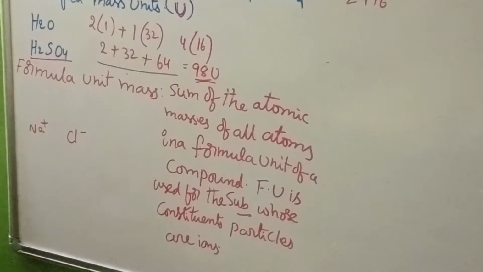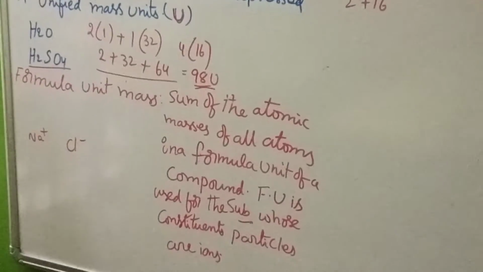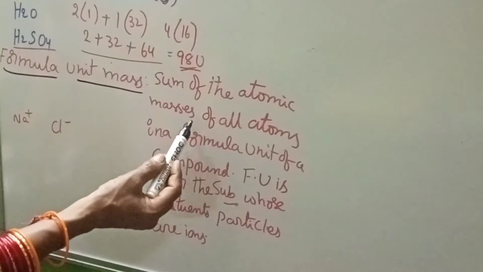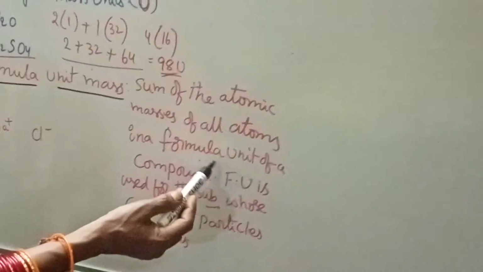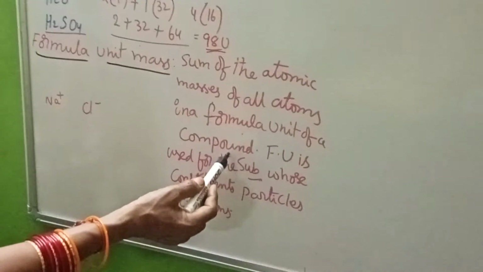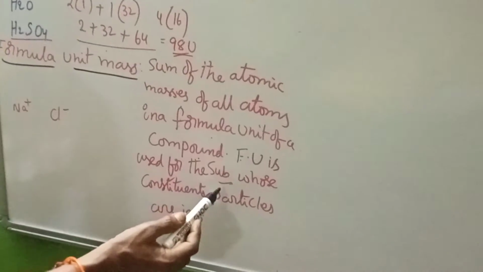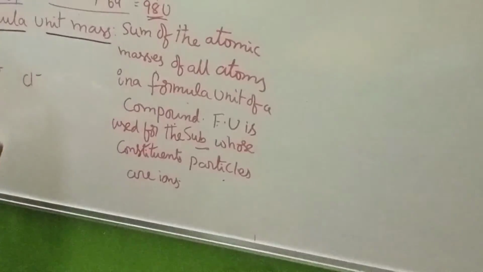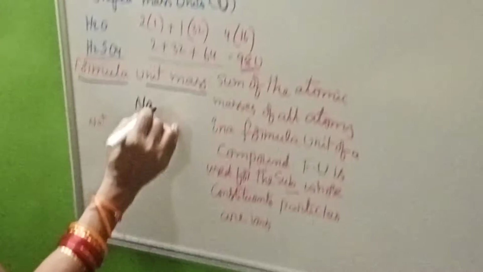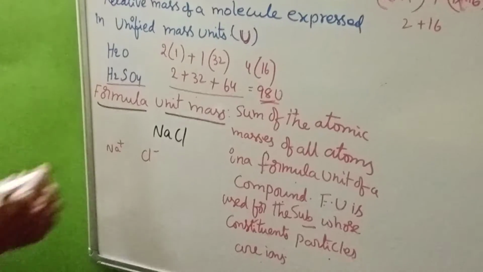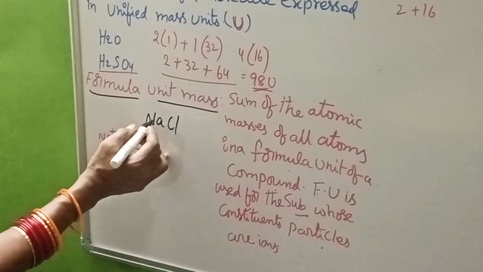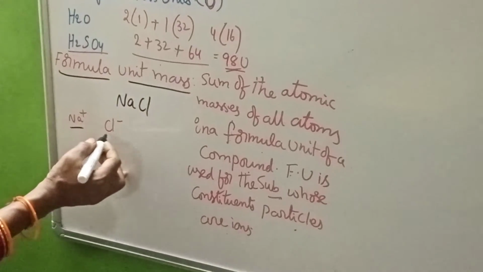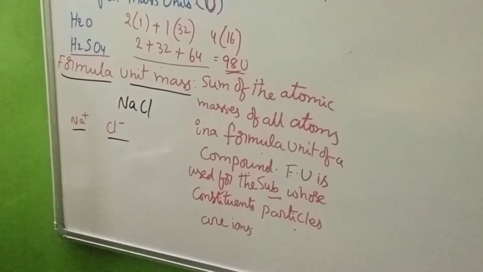Now let us see formula unit mass. Formula unit mass is the sum of the atomic masses of all atoms in a formula unit of a compound. Formula unit is used for substances whose constituents are particles or ions. Let us take NaCl as one example, sodium chloride. It is an ionic compound. In that, sodium, after losing one electron, becomes sodium cation, and the same electron is gained by the chlorine atom and it becomes chloride negative ion.